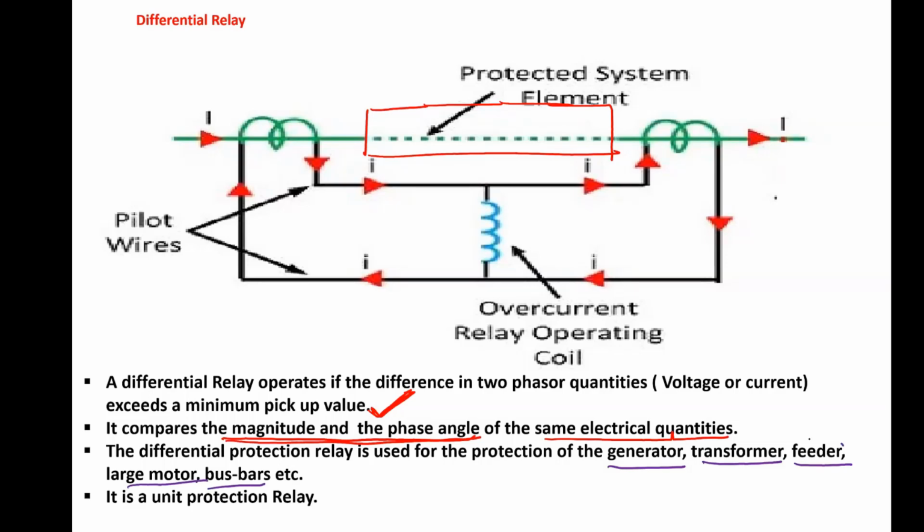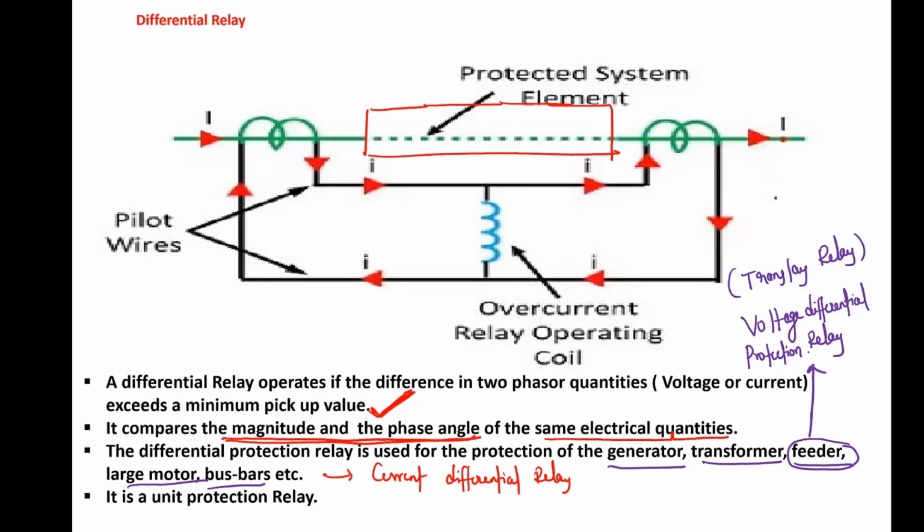In this, feeders are protected by voltage differential relay. The name for that is translay relay. Feeders are protected by voltage differential relay. The other name for that is translay relay.